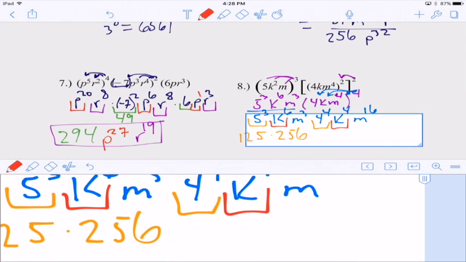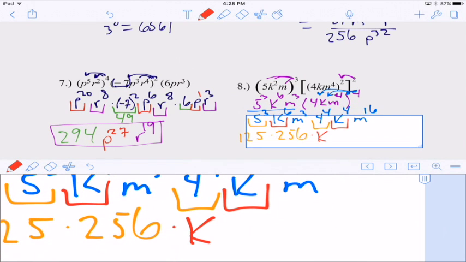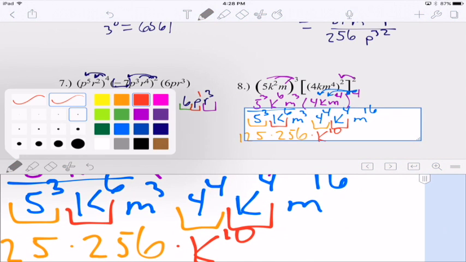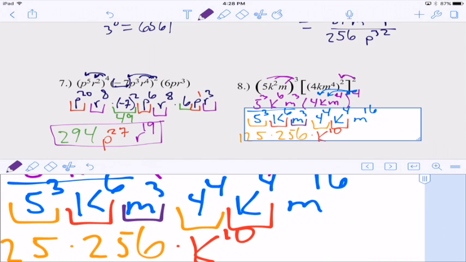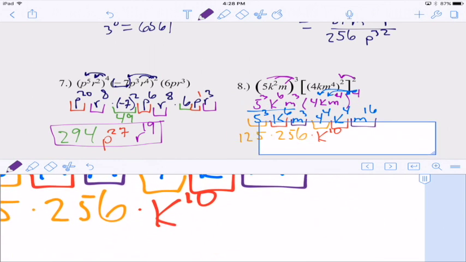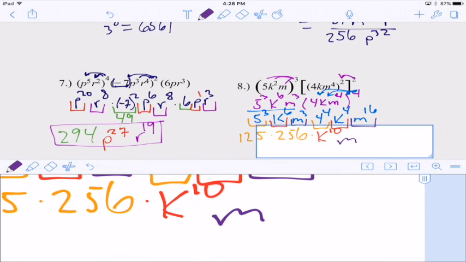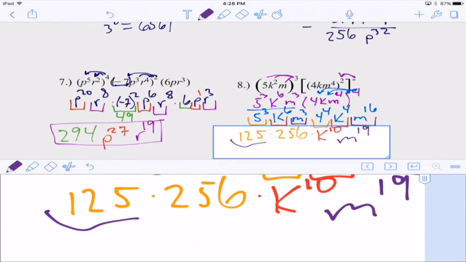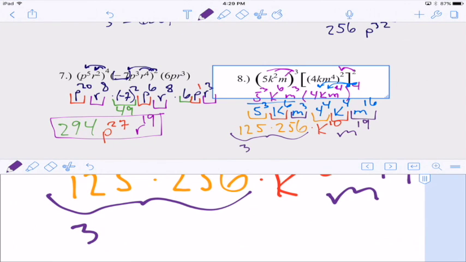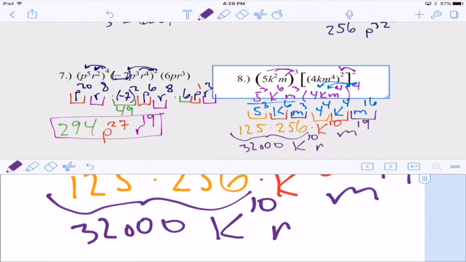I'm multiplying now, so I add: k to the 10th. And then m's, m cubed, m to the 16th. I'm multiplying, so I add: m to the 19th. Now all I got to do is clean this part up. 3200, k to the 10th, m to the 19th.